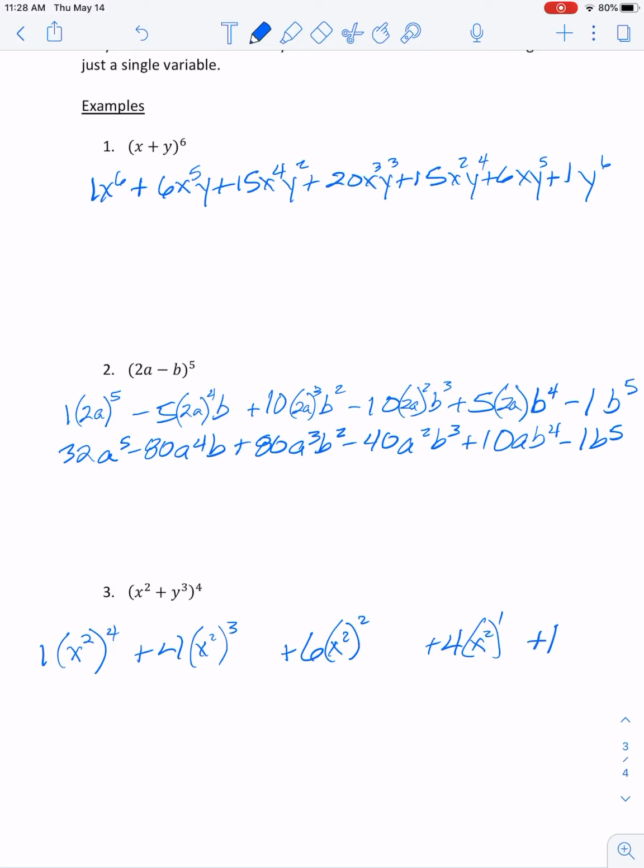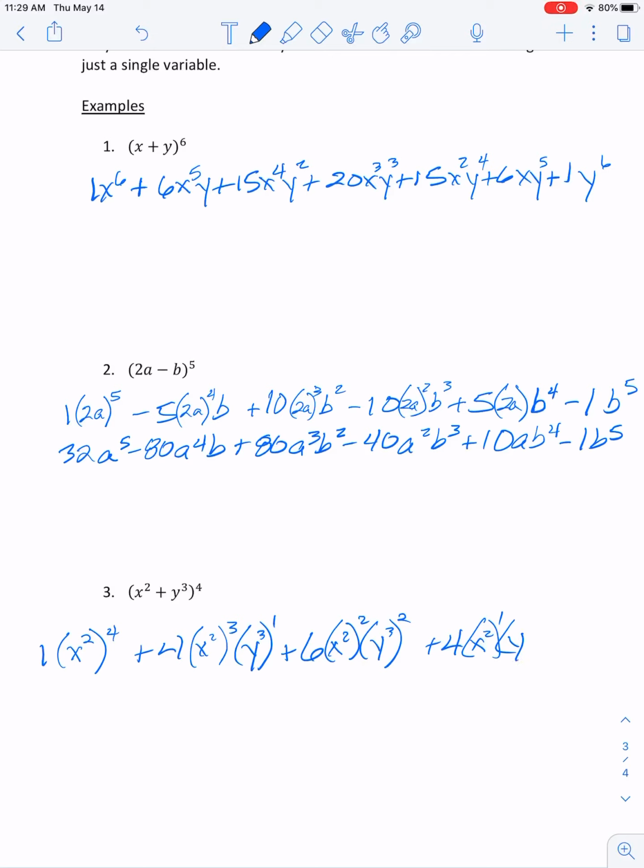For the y, there's no y term in the first. Okay, so now we've got y cubed to the first, y cubed to the second.